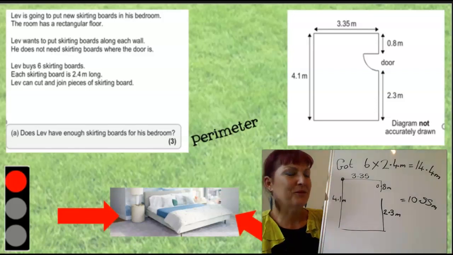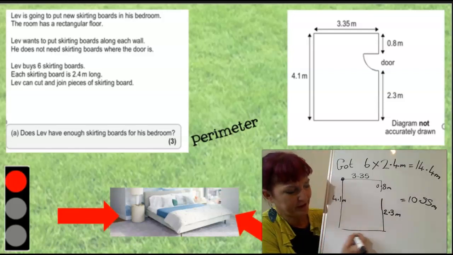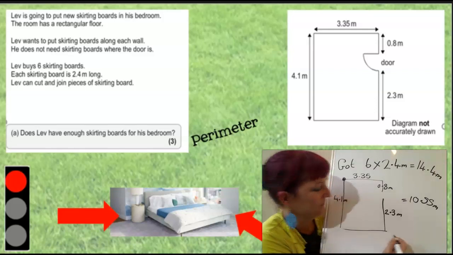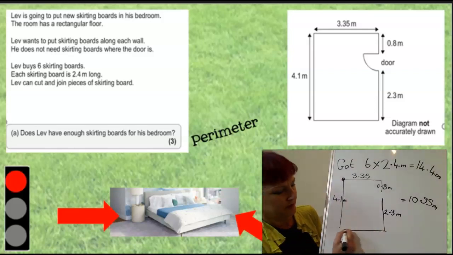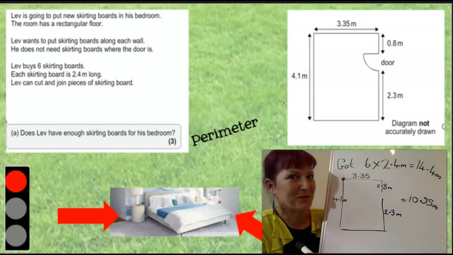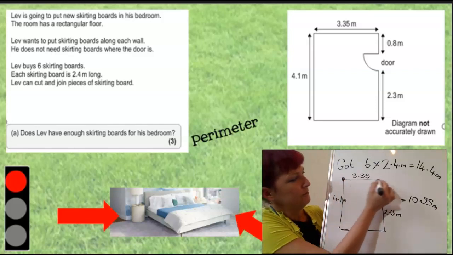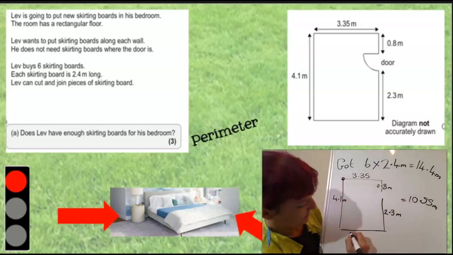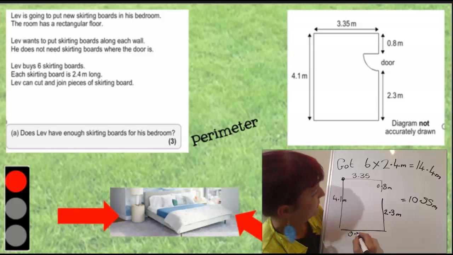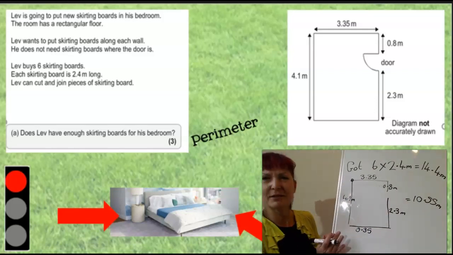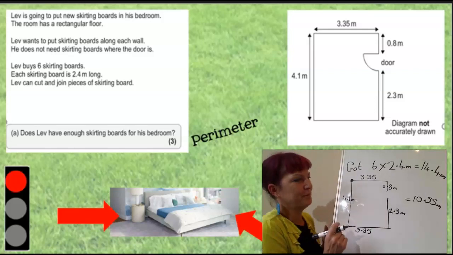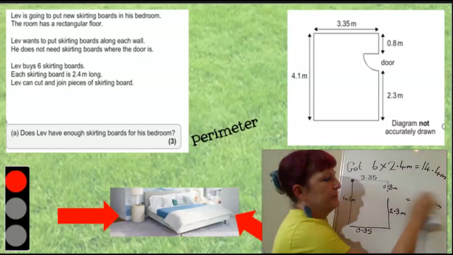I hope you've spotted it. They haven't given me this one. How am I going to work out this one? What we were doing before. 3.35 there. Yep. 3.35.